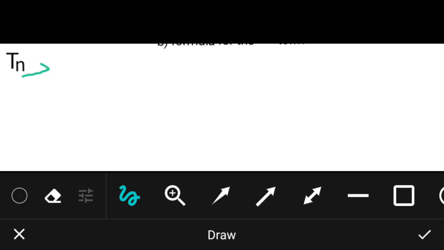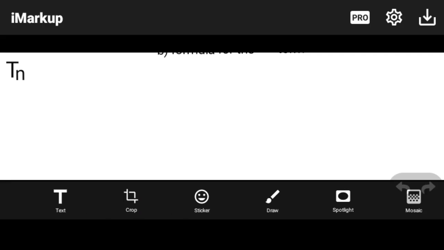The n is the number, and T is the terms. So Tn is equal to a plus open bracket n minus 1 close bracket, then d.